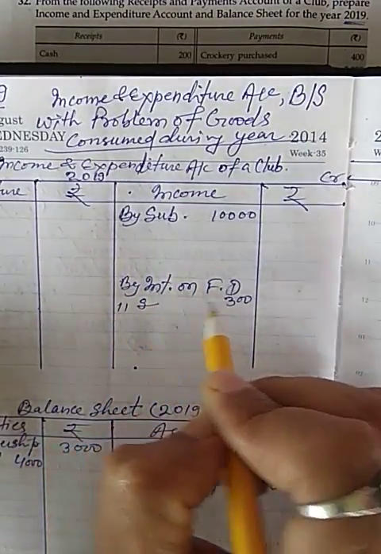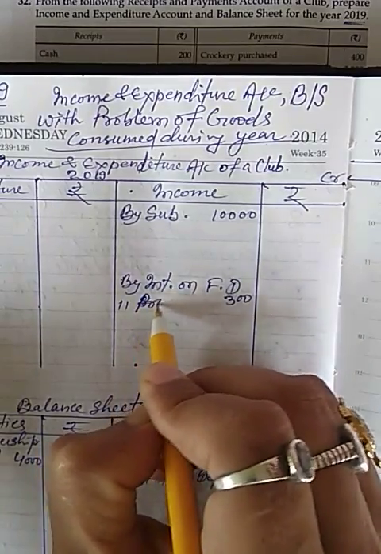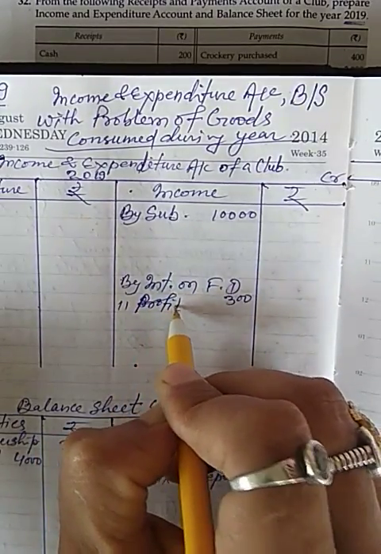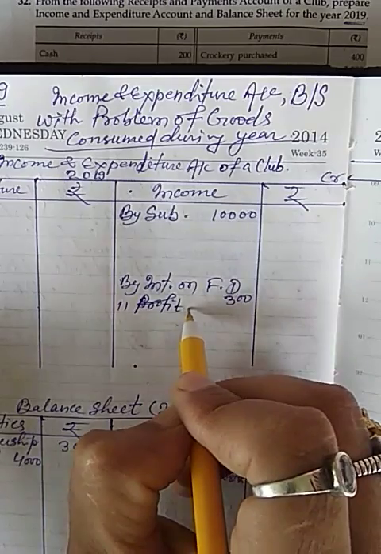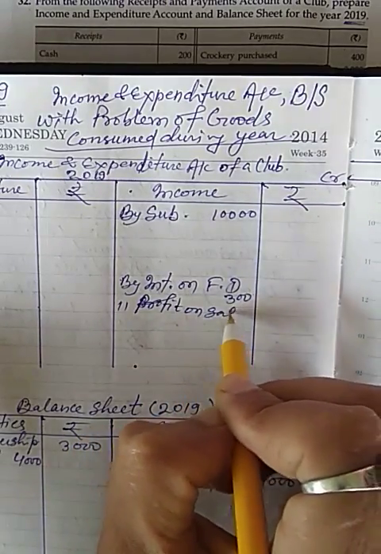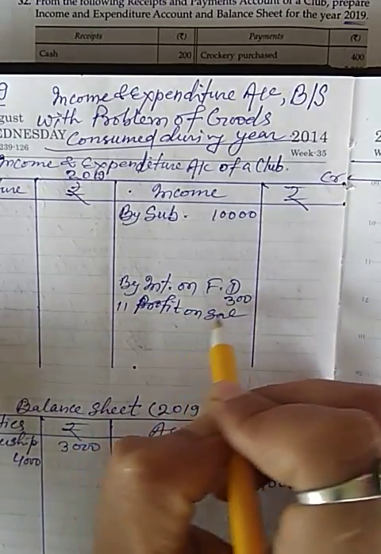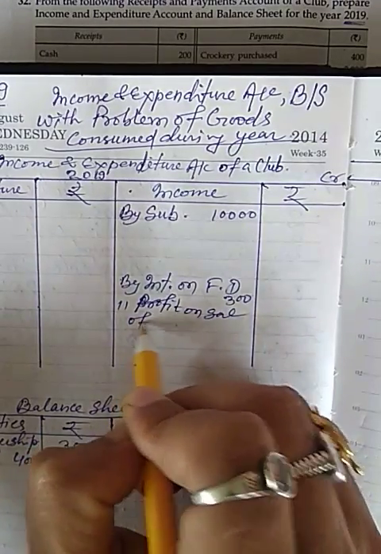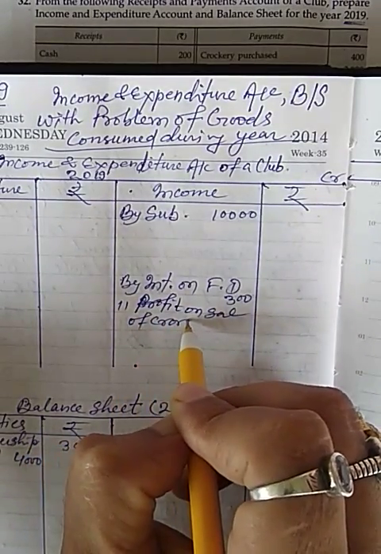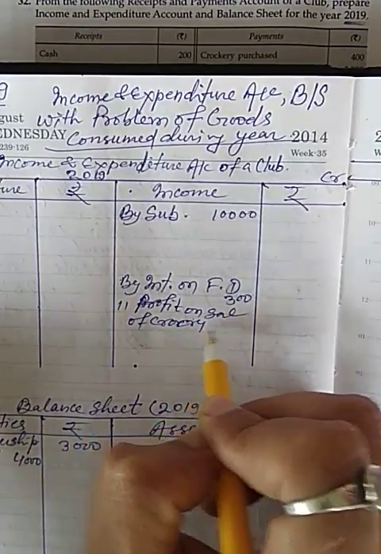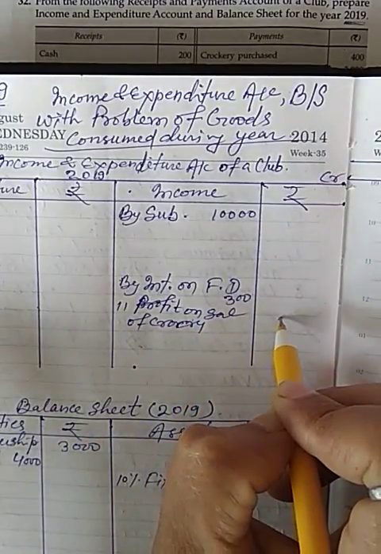Sale profit on sale of crockery 50 rupees.